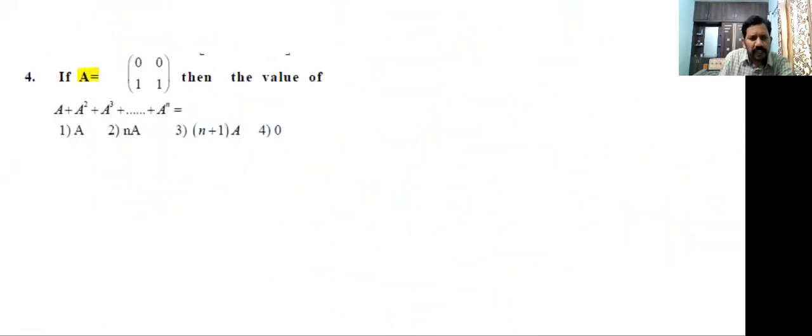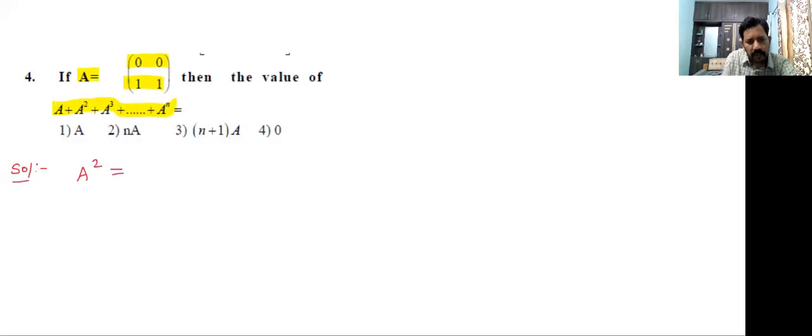A matrix is given, 0 0, 1 1. We need to find A plus A square plus A cube plus, and so on, up to A power n. A means we know that already. Now first find A square.